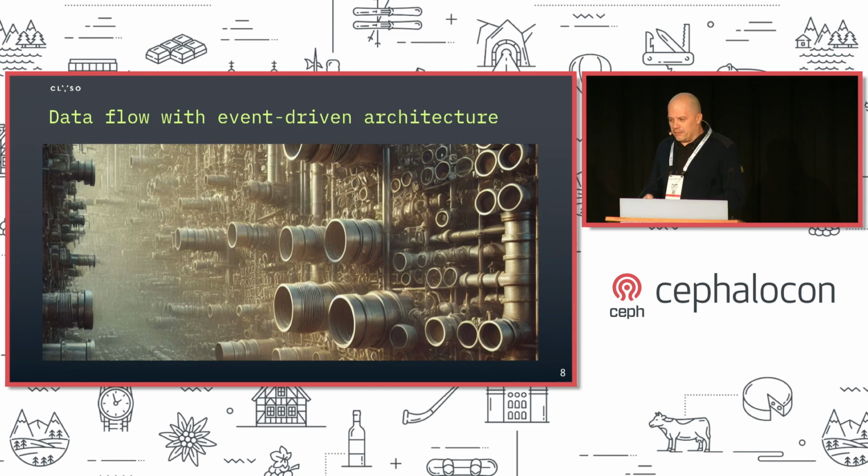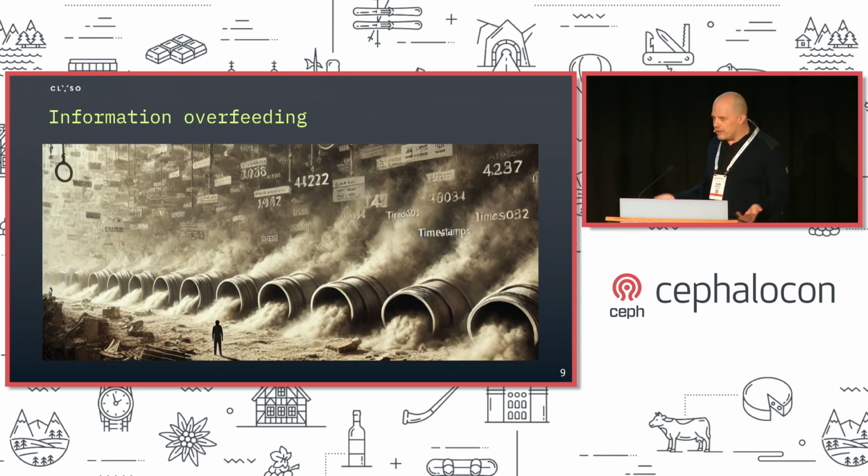Normally this image is used by people from event-driven design, like Kafka and so on. We have many different streams. We can provide much data and we can consume it, for sure. But in this case, we still have the problem of drinking water from a fire hose.